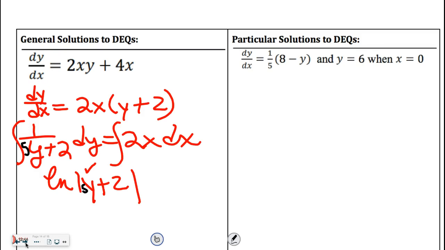Do you know? Oops, I shouldn't walk away from my mic. Because now when I do u prime over u, I get 5 over 5y plus 2. What would that need? A 1/5 fraction correction. It's really u sub, where u is 5y plus 2, du dy is 5, right? Not 1. So if you need to write the u sub out, do it.